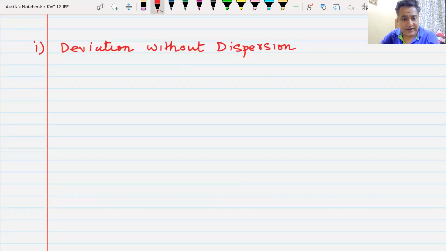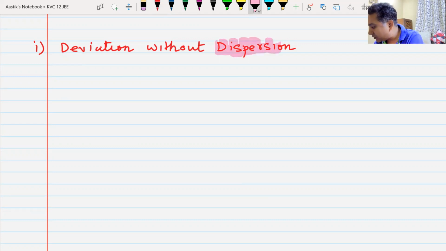What is going to happen in deviation without dispersion? Deviation. The ray is going to deviate. Yes or no? Yes, sir. But it will not undergo any dispersion. Now, when I use this term dispersion, what do I mean by this dispersion? When I use this term dispersion, that means the angular dispersion is 0. Do we understand this?